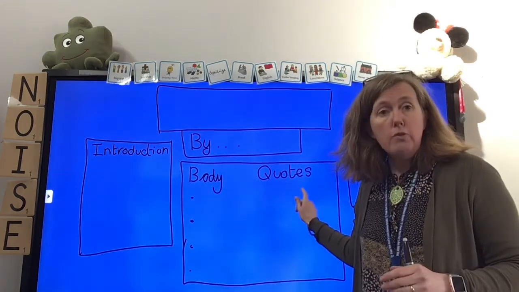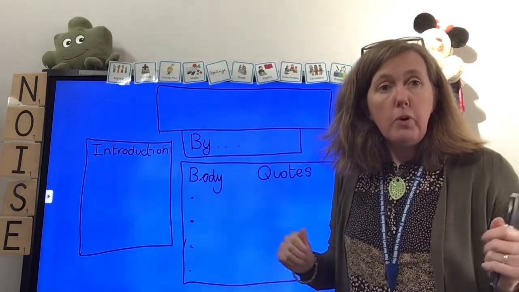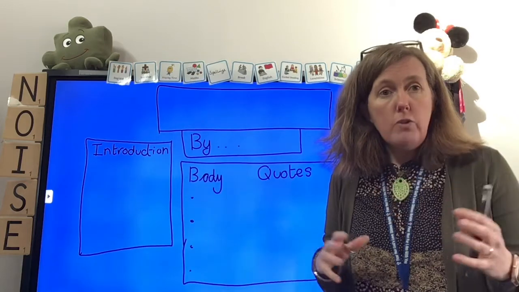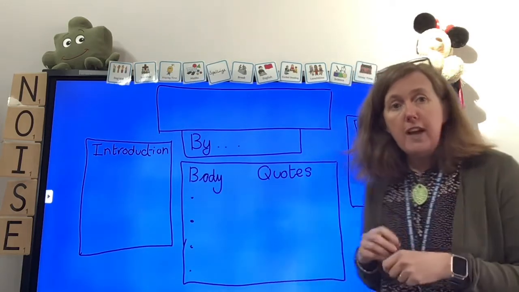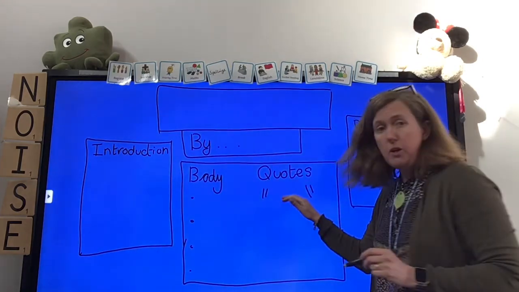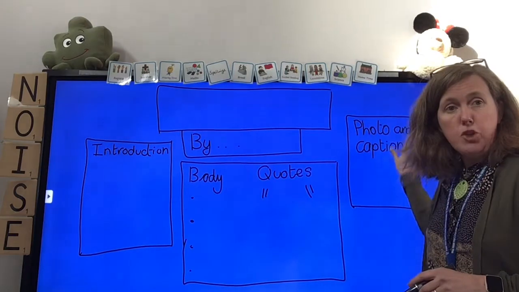This is where your quotes are going to come in. So when you're talking to and interviewing people about what's happened, you can be collecting quotes and then writing those down. And don't forget, they need to be in those direct speech marks, okay? So really make sure that they're in that direct speech. And then your photograph and your caption, okay?